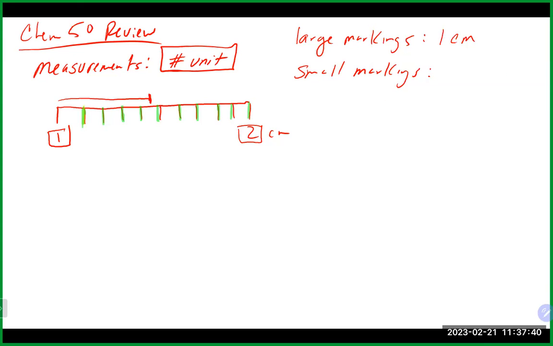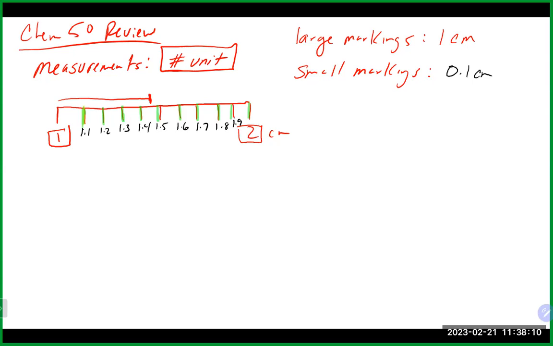Each of the small markings in this case represents how much? 1 divided by 10 is 0.1 centimeters, right? So each of the small markings represents 0.1. That'll be 1.1, 1.2, 1.3, 1.4, 1.5, 1.6, 1.7, 1.8, 1.9, and so forth.